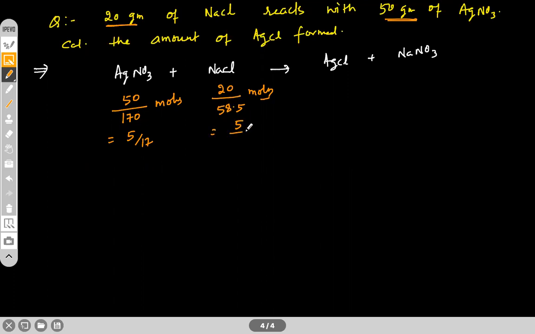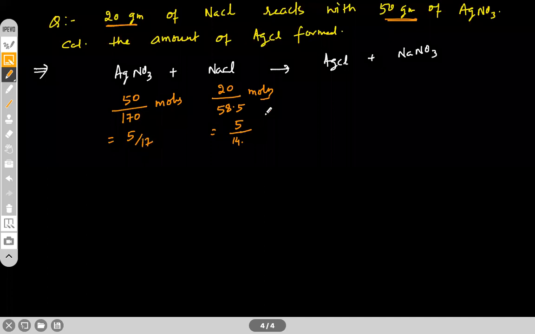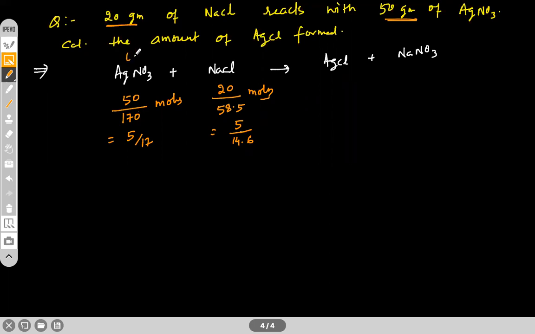This value is 5 by 14 point something, which is obviously more than this value because here in the denominator we have 17, correct? 14.6 approximately you get. So this is the limiting reagent. Hence 1 mole of this gives 1 mole of AgCl. So 5 by 17 mole of this gives 5 by 17 moles of AgCl.